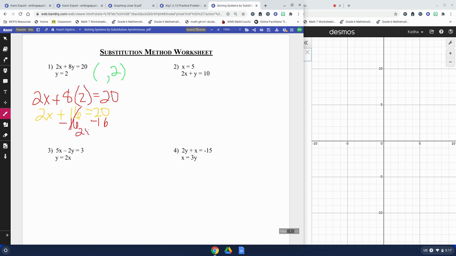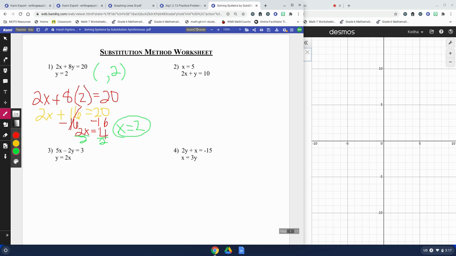So 2x is equal to 4. Whoops, 20 minus 16 is 4. So divide by 2, divide by 2. So x is equal to 2.